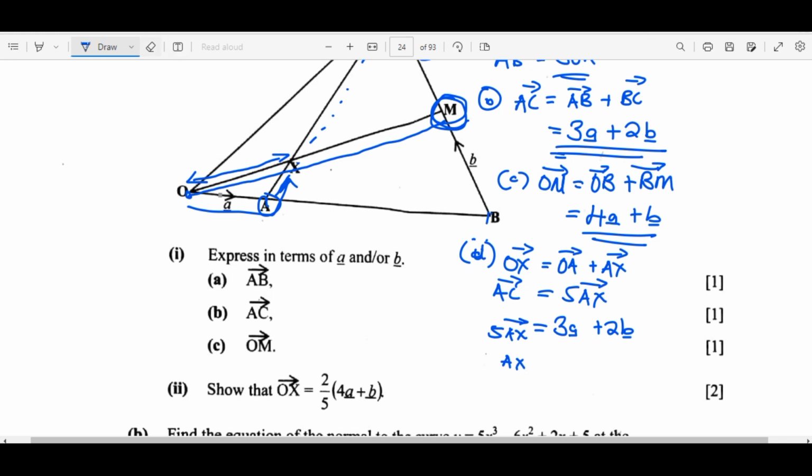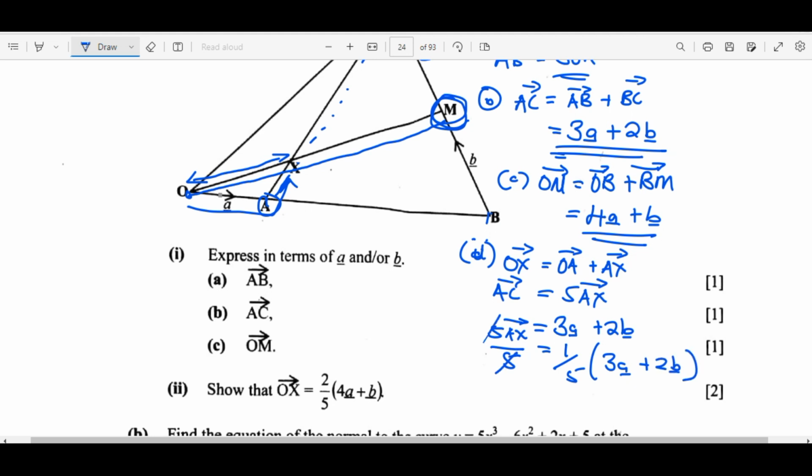Before that, so that we see what we're doing, we're going to introduce here 5, and then it will be 1/5, and then 3A plus 2B.